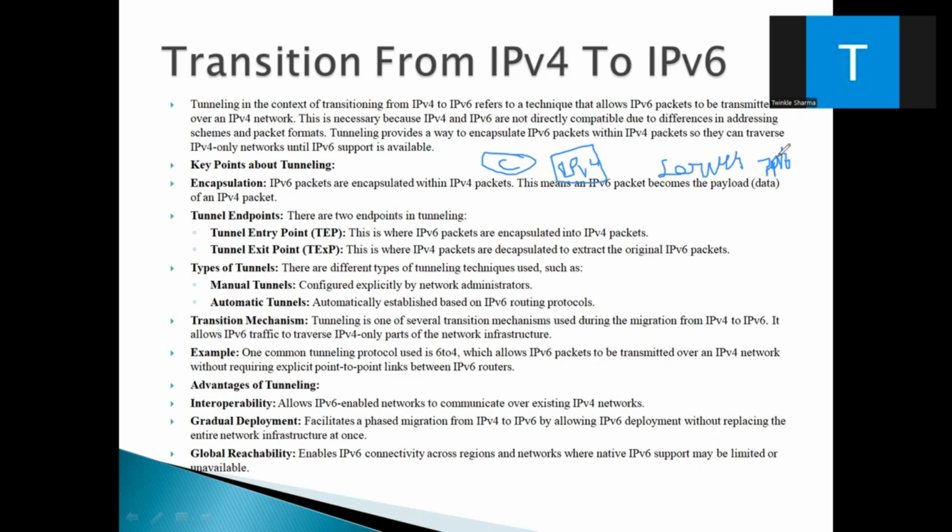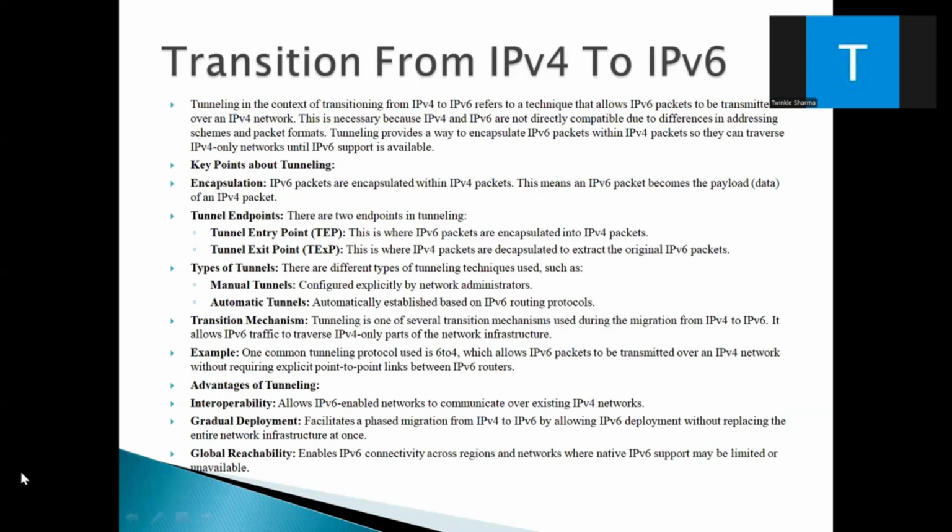If we have the IPv6 packet, it will be covered with IPv4 and then forwarded to the device. If the packet covered with IPv4 reaches its destination, and we send the IPv6 to the server of IPv6, then the cover will be removed and the IPv6 will go directly. Okay.